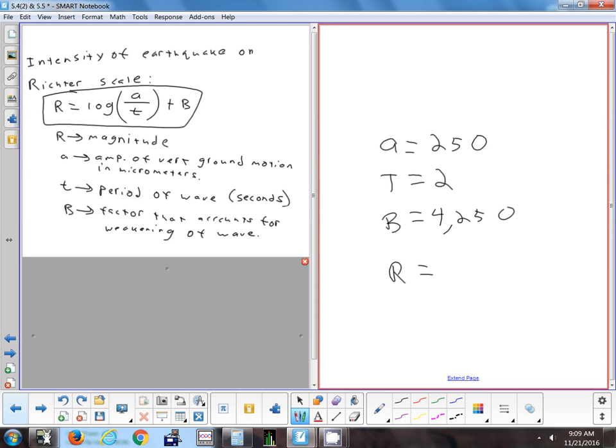Calculate R. All you have to do is plug in 250 for A, plug in 2 for T, and plug 4,250 in for B. Use your calculator, and it'll tell you the magnitude. That's the last problem in the homework.